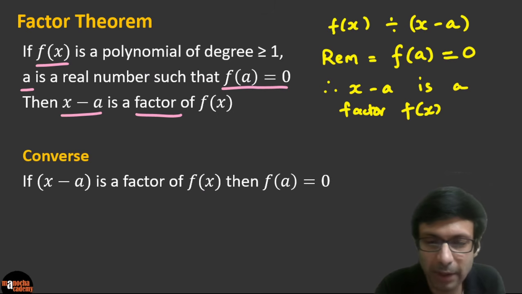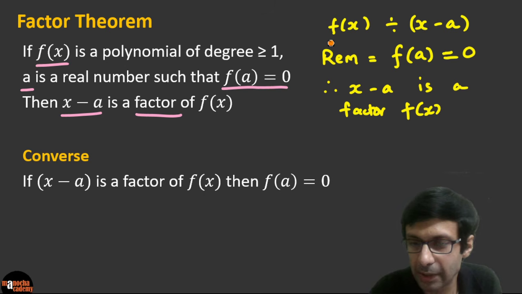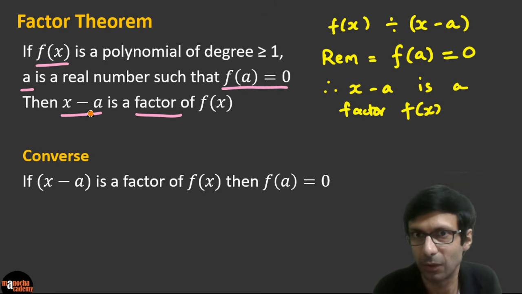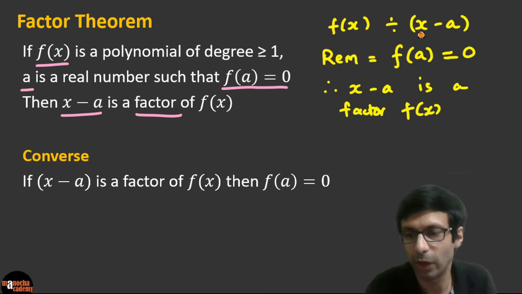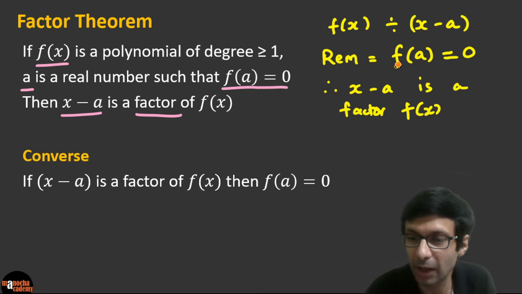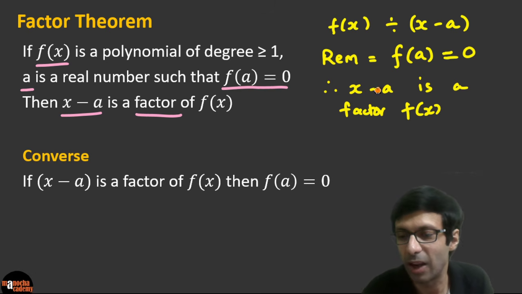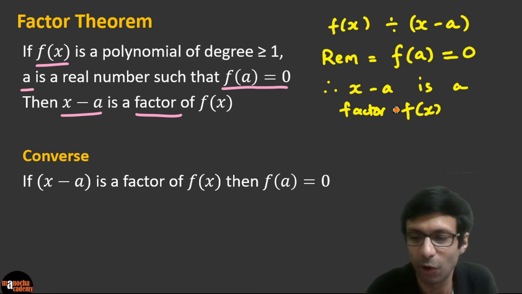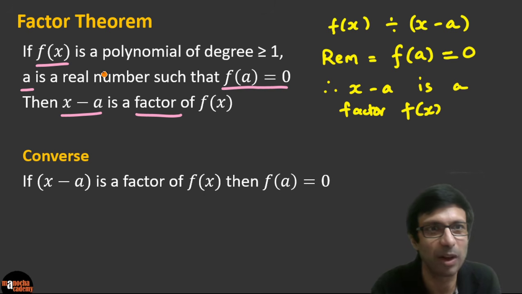This factor theorem is saying that if you take a polynomial f(x), any polynomial, and you divide it by x minus a, then the remainder by the remainder theorem is going to be f of a, because we substitute x minus a equal to 0. So f of a is going to be the remainder. And the factor theorem is saying if the remainder f of a is equal to 0, then x minus a is a factor of f(x), right? Very simple: because the remainder is 0, obviously x minus a has to be a factor.